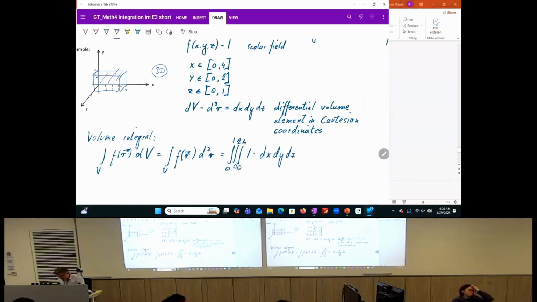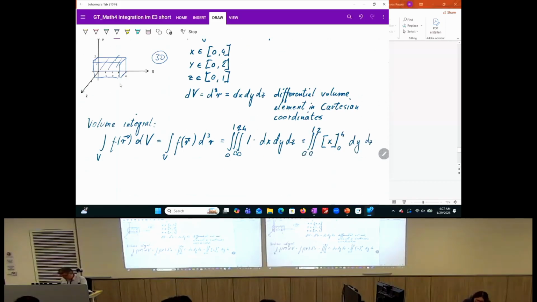And then you can integrate one by one. You keep the outer 2 ones. You start to integrate over x. 1 integrated over x is basically x. These are your boundaries. What remains are your integrations over dy and dz.